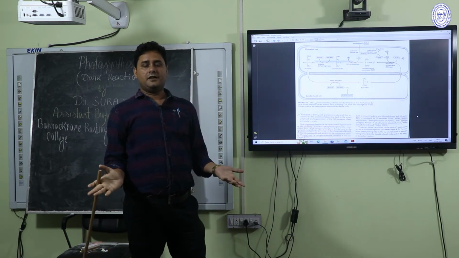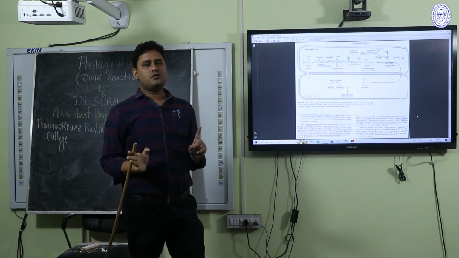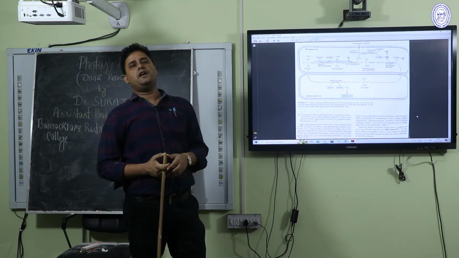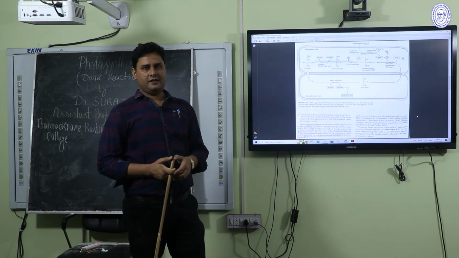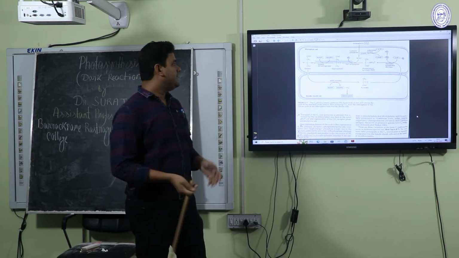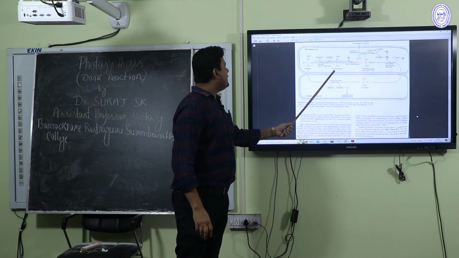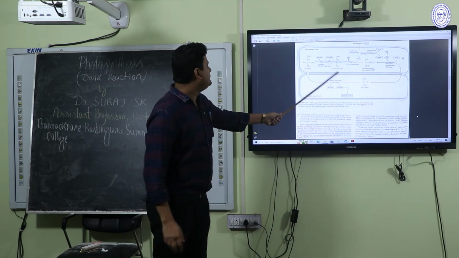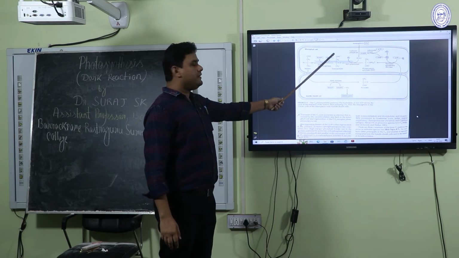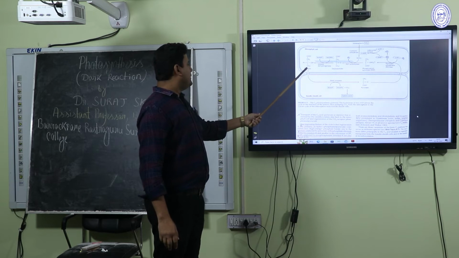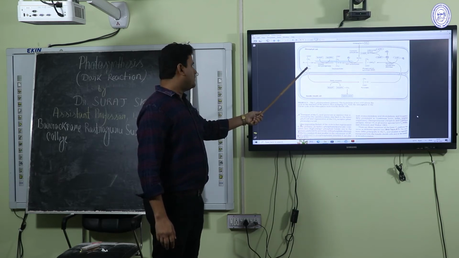Oxaloacetate is a 4 carbon compound. That is why this cycle is known as the C4 cycle. Okay, so the first intermediate of the C4 cycle is oxaloacetate, a 4 carbon compound. Again, malate is also a 4 carbon compound.